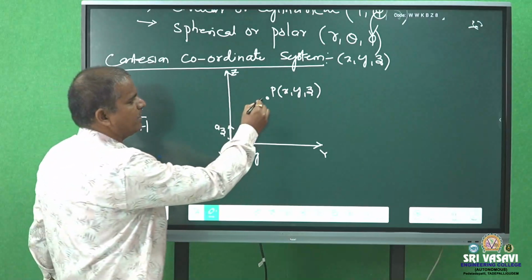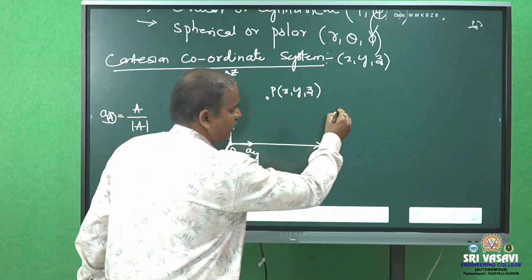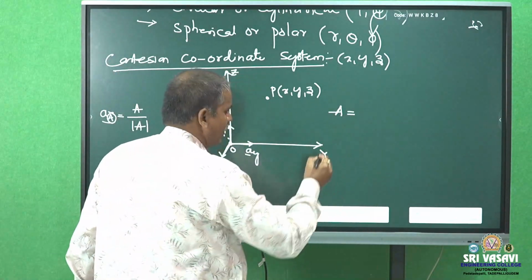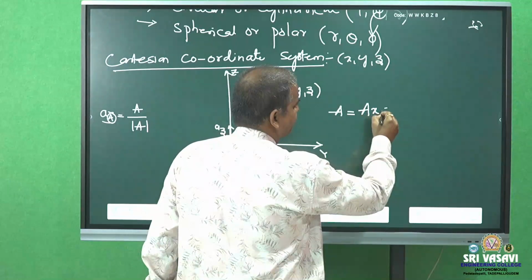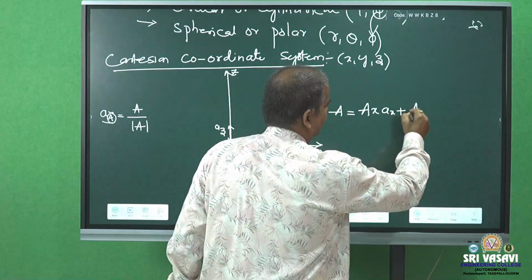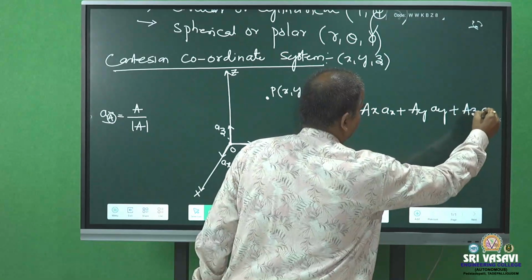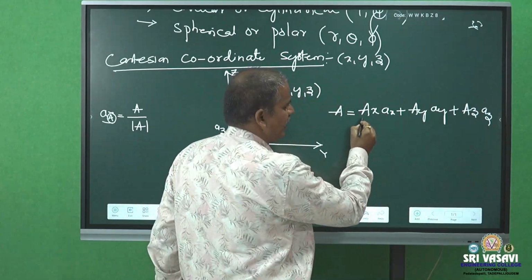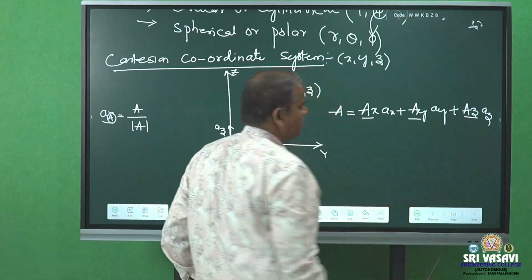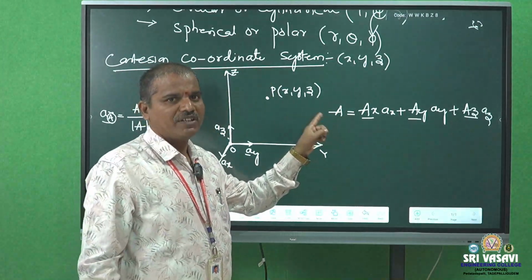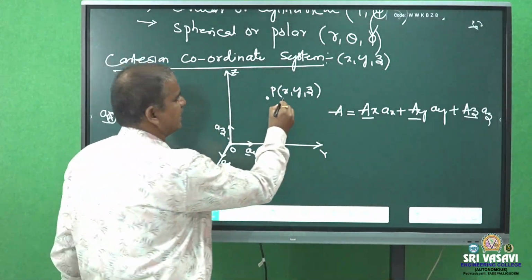See, I represented point P here. I write vector A as Ax into ax plus Ay into ay plus Az into az. Here Ax, Ay, Az are components of A. What is a component? For example, I represented x comma y comma z.